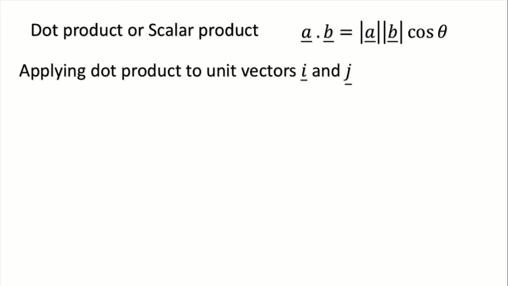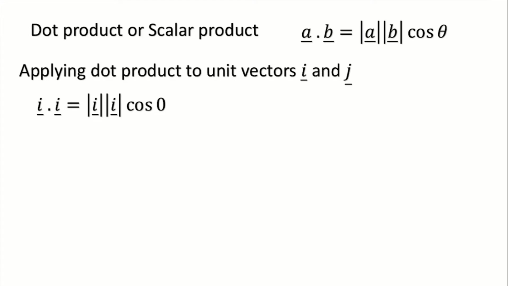Now I am going to apply this dot product to the unit vectors i and j. First I apply it to i. So i dot i equals modulus i times modulus i times cos theta. I am considering the same unit vector, so there is no angle from i to i. So the angle is 0.